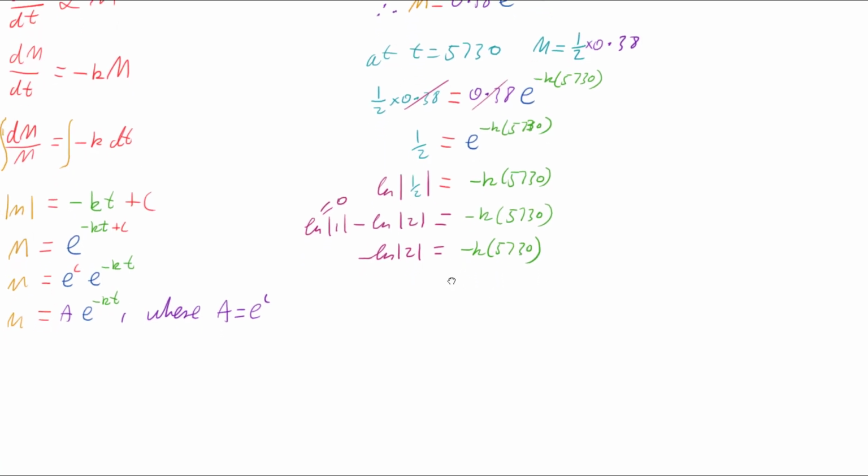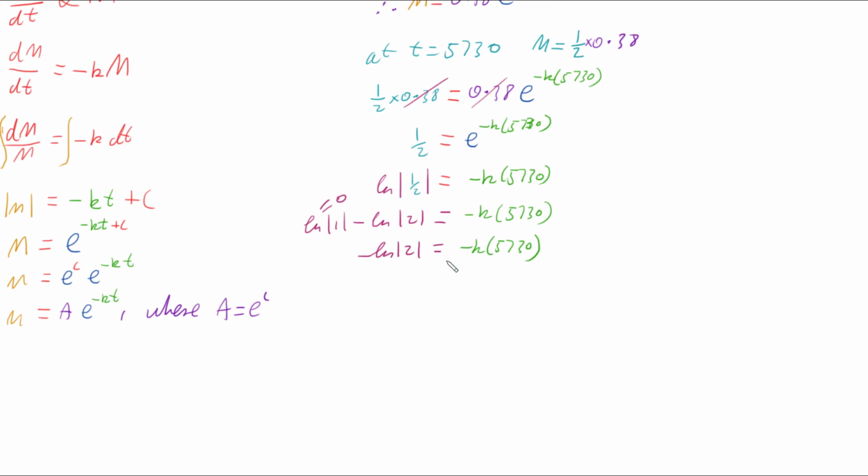And so now I can divide both sides by negative 5,730, and that'll give us k equals negative ln of 2 divided by negative 5,730. Those negatives cancel out, so k is going to be the natural log of 2 over 5,730.